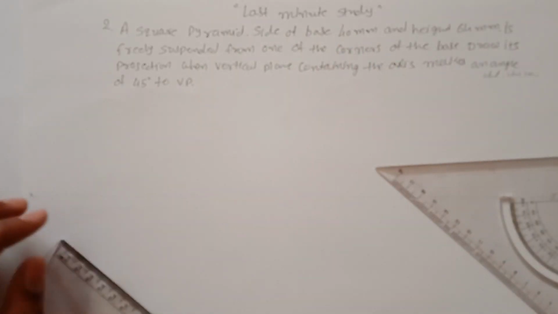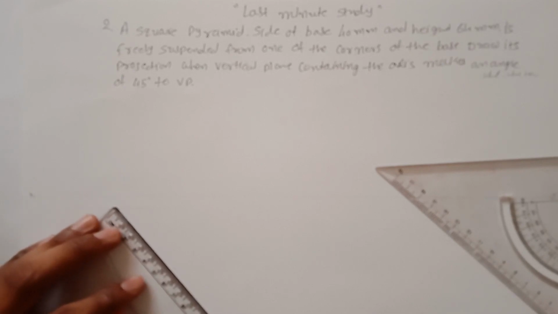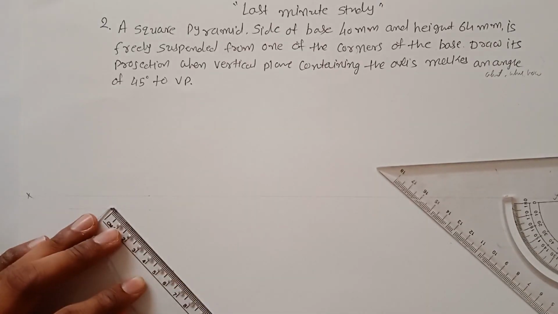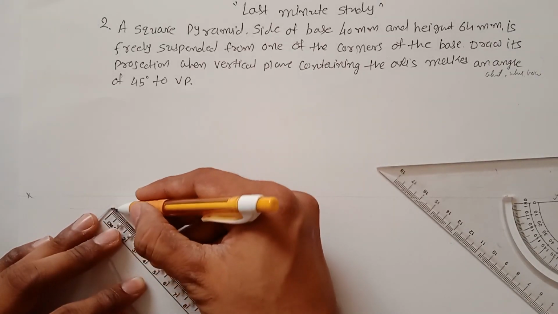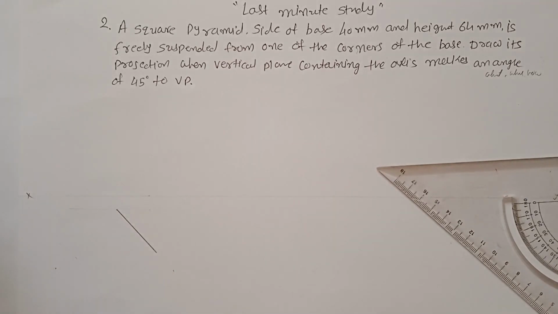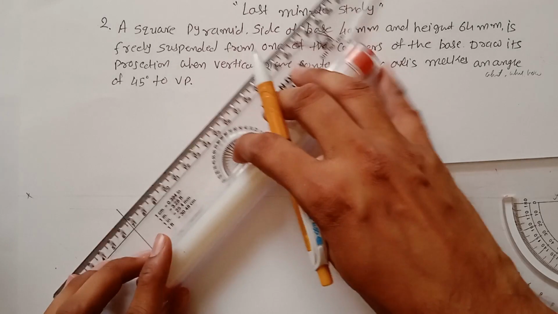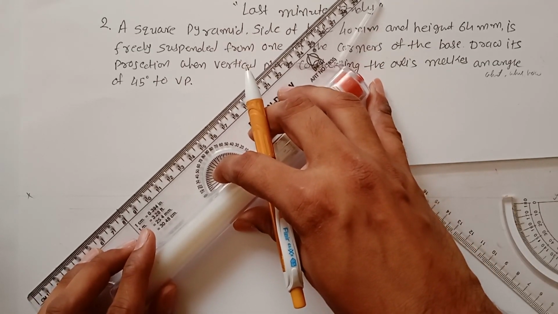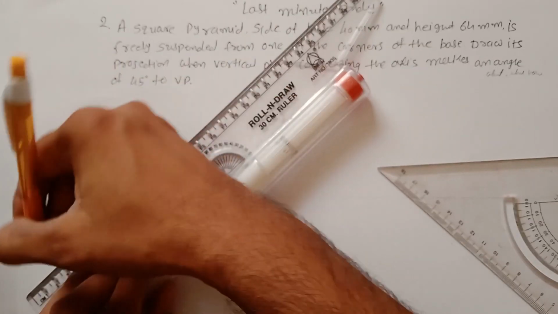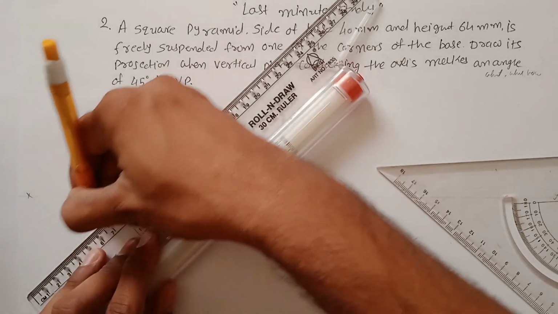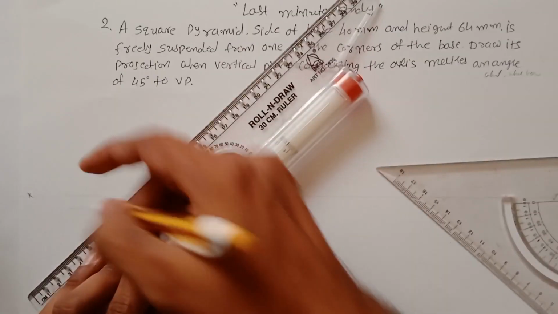Then draw a line at 40 mm distance. This is the one side. Then the second one is somewhere here. It is also 40 mm.